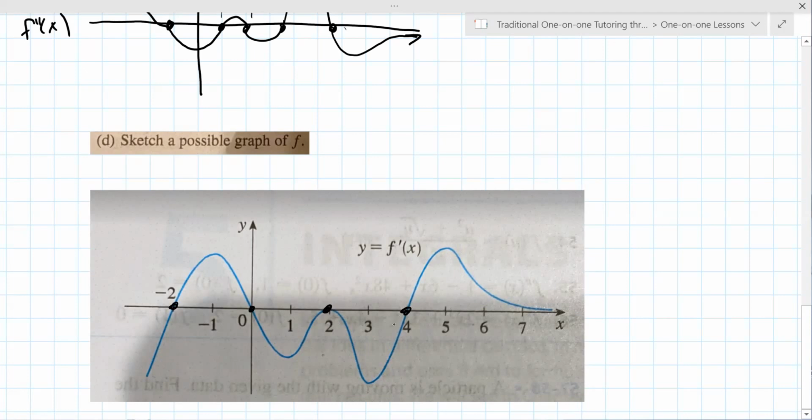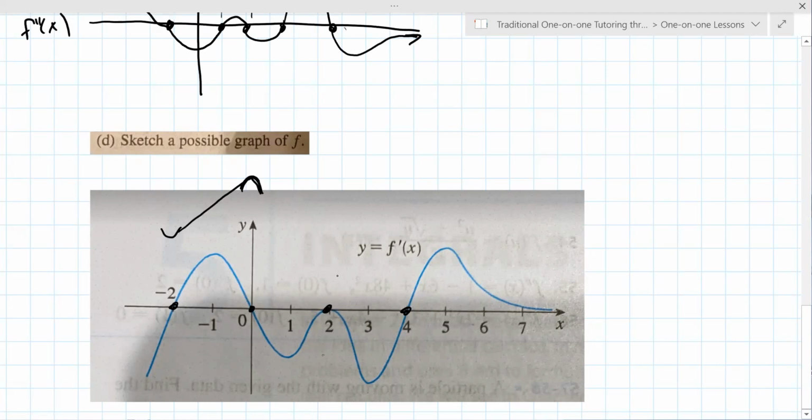At here it's a min because it's going from negative to positive. So it's some sort of min. This is some sort of max here because it goes from there to there. We already did this. You don't have to make it pretty. And then this right here is yet another min.